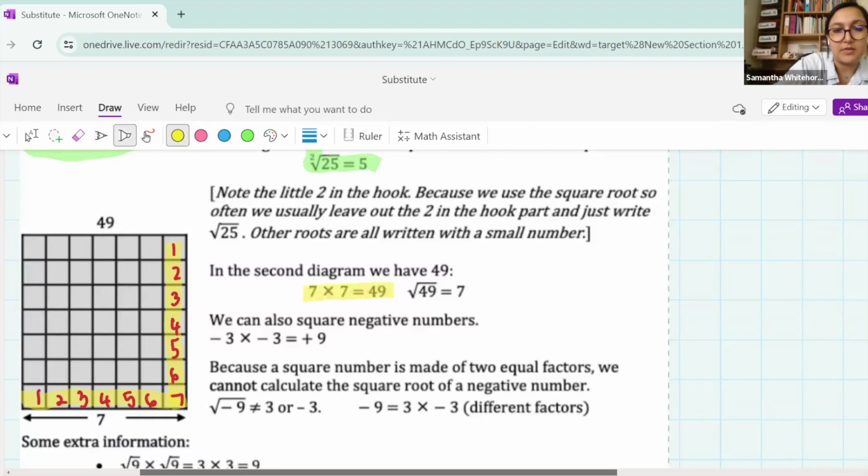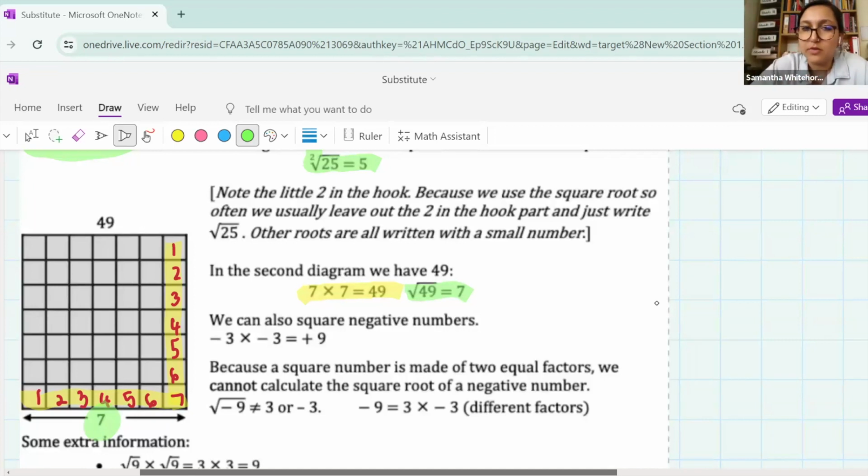If we multiply 7 by 7, we get 49. If we now go the other way and do the inverse, and take the square root of 49, we would get 7. It's taking me back to the original number that I multiplied by itself.